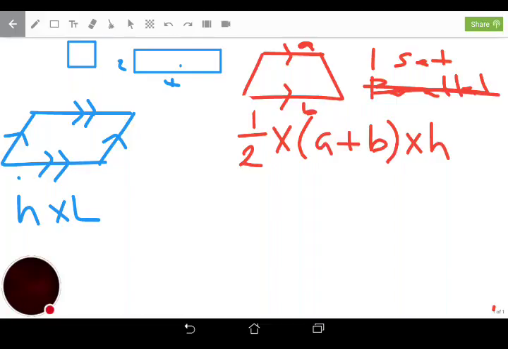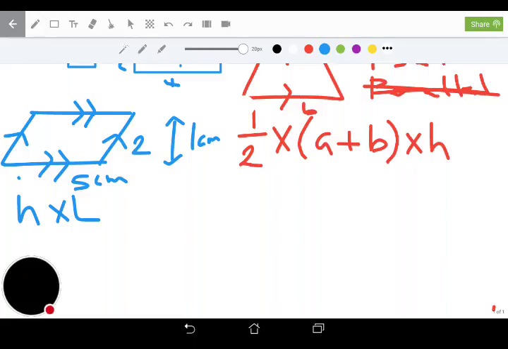So let's say, for example, this was 5 centimetres, and the length of this side here was 2. Let's say, for example, the height here, when I worked it out, was 1 centimetre. Now the height is this measurement here.